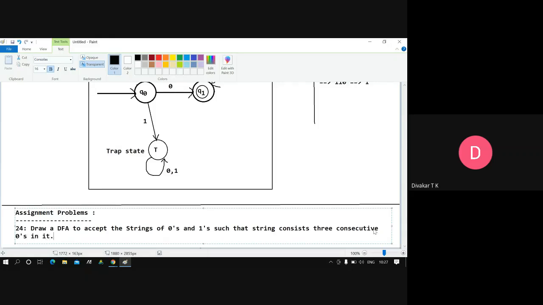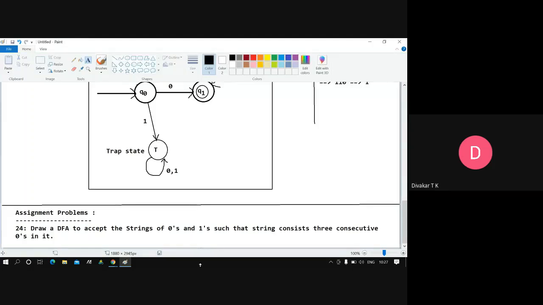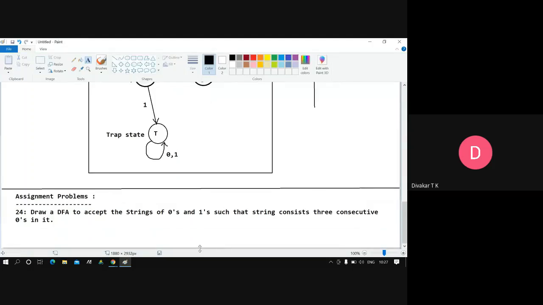Okay, this is the first question. Copy the questions also simultaneously.